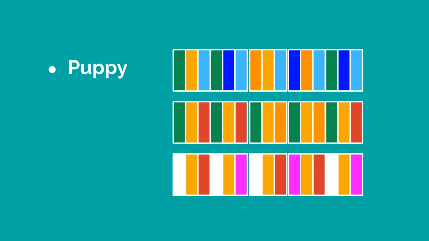Now here is a more complicated example, because with vectorization, we typically wouldn't have just a 3 length array. We would have longer arrays to represent each word. So now it's a bit more complicated to see the similarities between puppy, dog, and cat, but we can still see that puppy and dog look more similar than cat, because cat has a lot of pink, whereas puppy and dog both have greens, and therefore they look more similar.